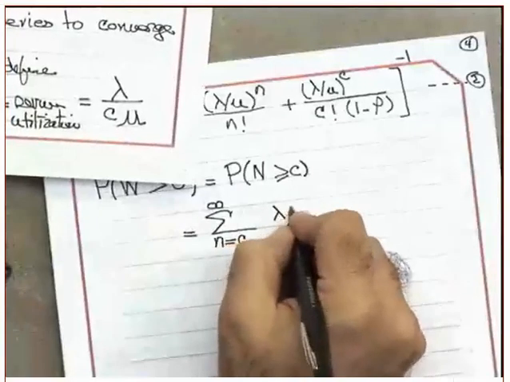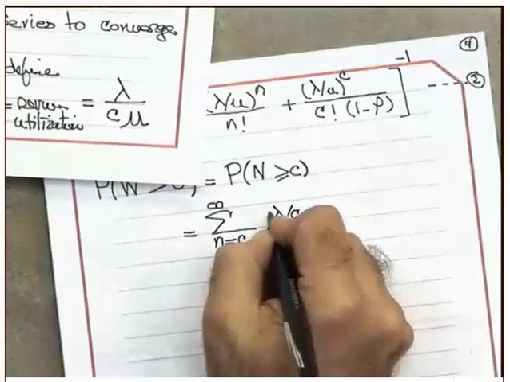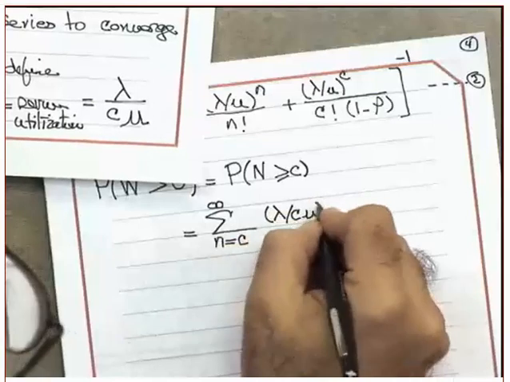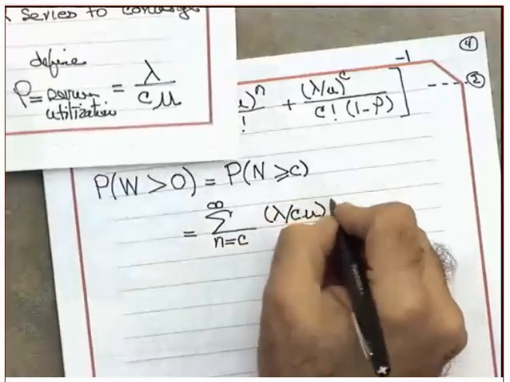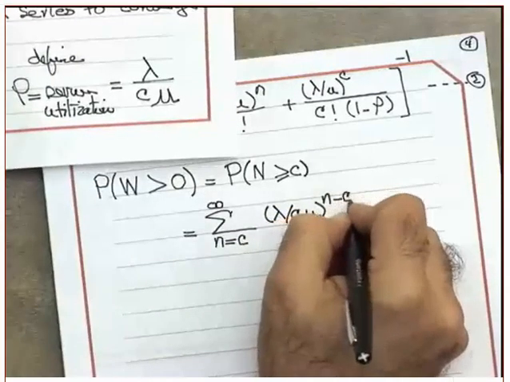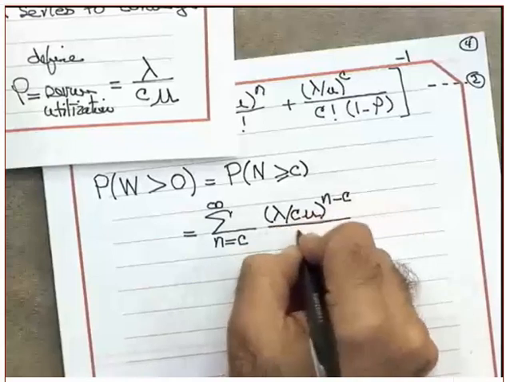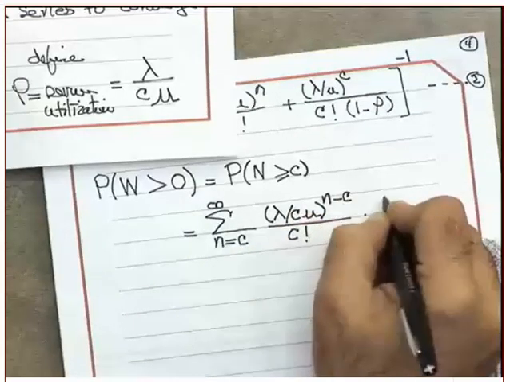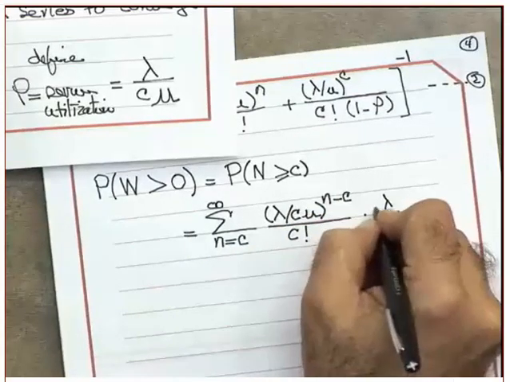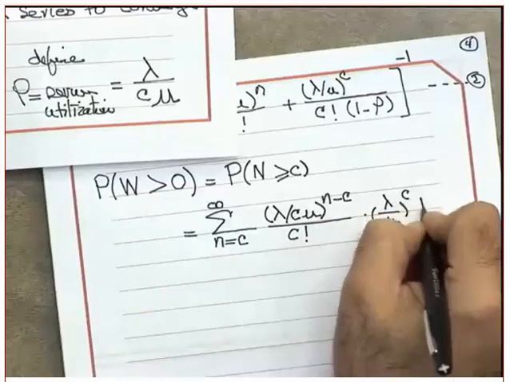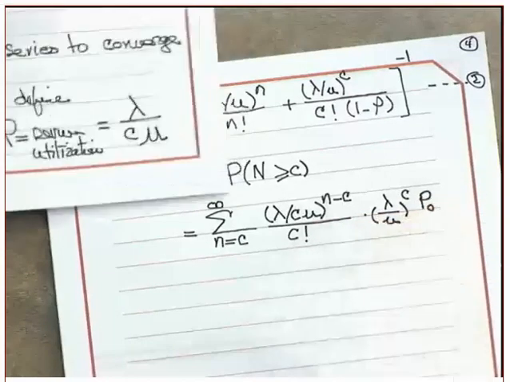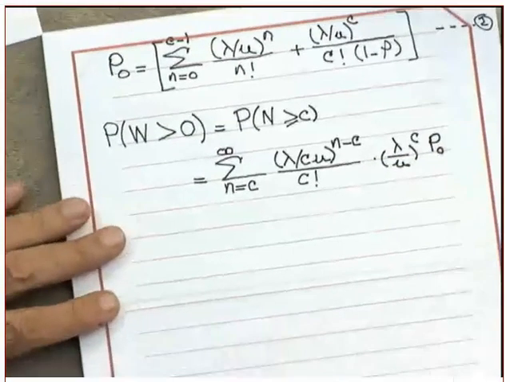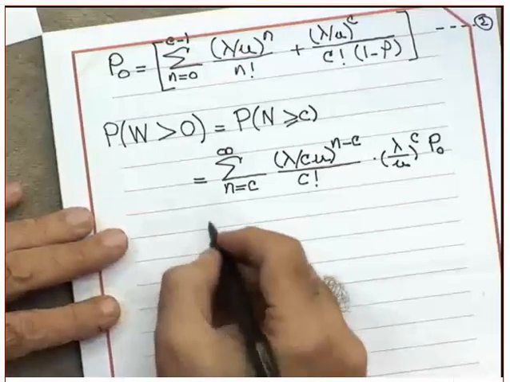Lambda over C mu. I want to write this one as rho. I'm going to write it in a minute. N minus C divided by C factorial times lambda over mu to the C times P0. Clear?